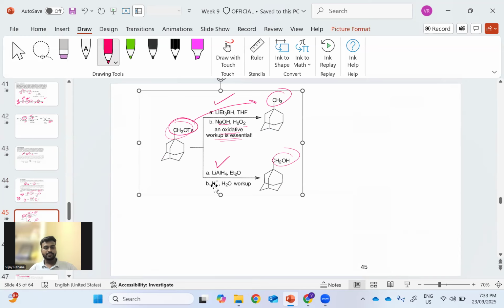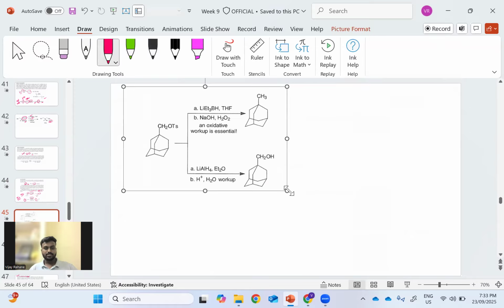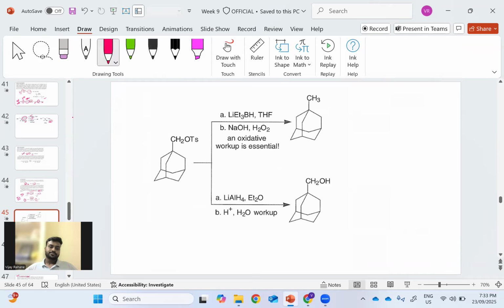Then let's take some examples. Let's say you have such a group which has the alcohol protected with the tosyl group, and if you add lithium triethylborohydride, in that case the hydride directly shows SN2 substitution, and this entire OTs group is eliminated.